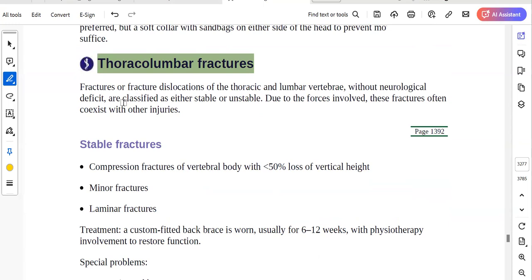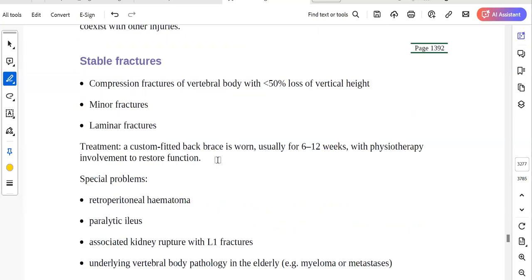In thoracolumbar fracture, patients sometimes can get a vertebral fracture, right? And vertebral fractures we divide as stable fracture and unstable fracture. So what are stable back fractures? Stable fracture means that the patient has got a compression fracture of the vertebra with less than 50% loss of their height.